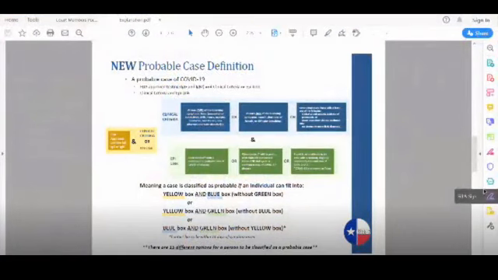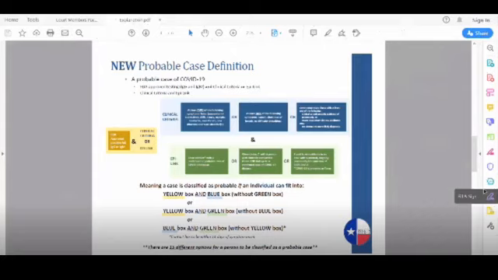So these are the different options that we have for probable case definition. If you do the FDA-approved testing, which right now is serology, looking for antibodies, IgG, IgM, you have to have the clinical criteria. And if you don't have that, and then you have the EpiLink, then you could still be counted as a case. So if we look at the yellow box here, that's the approved testing, right?